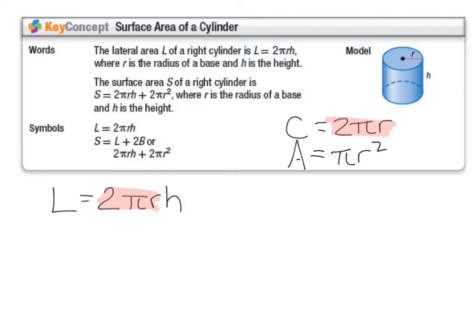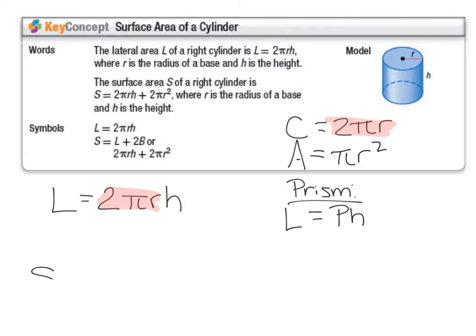Now, if you think back when we talked about a prism, the lateral area was the perimeter of the base times the height. So you'll see with the cylinders, it's the exact same thing. We're just more specific because with a cylinder, we have circular bases. So we can plug in that 2 pi r for the circumference, not perimeter, but circumference in this case.